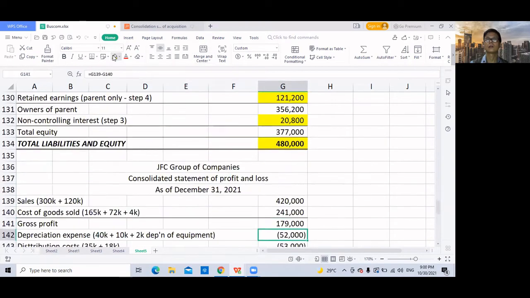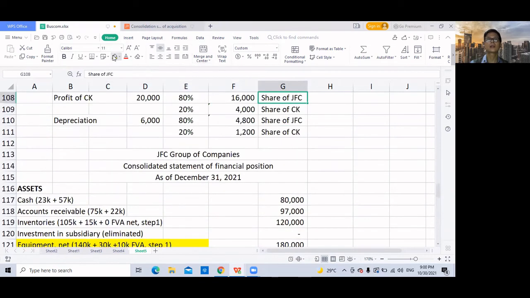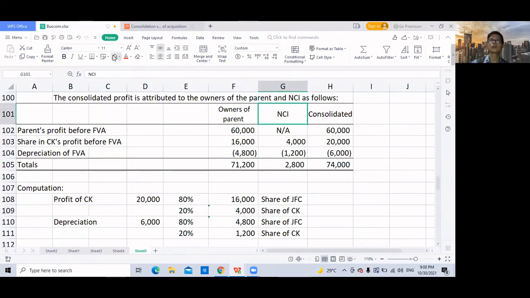So the consolidated profit is 74,000. The owners of the parent get 71,200, and the non-controlling interest gets 2,800, which comes from this particular step.